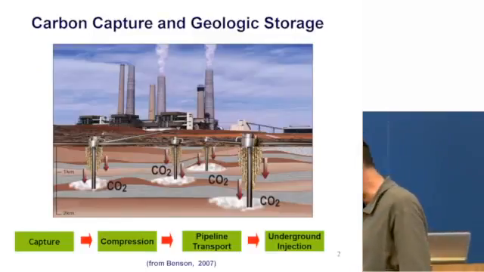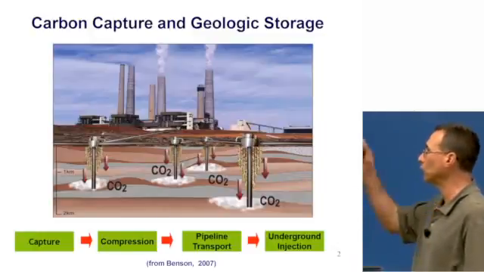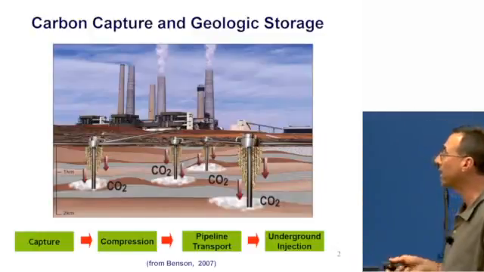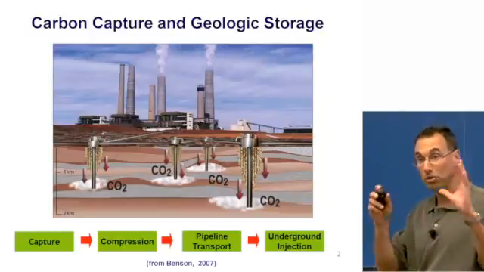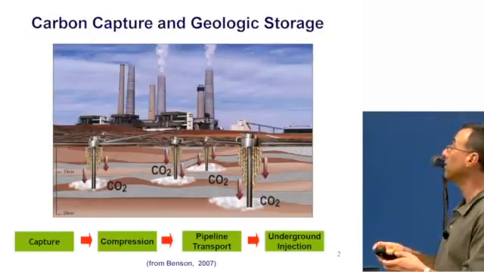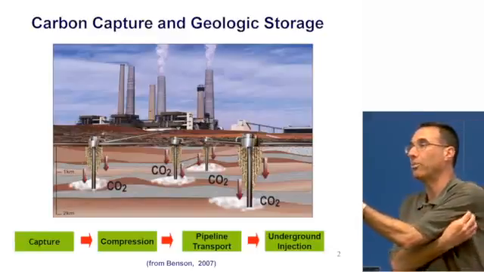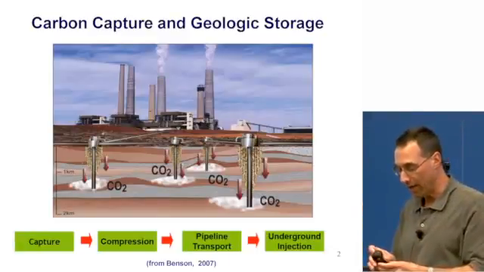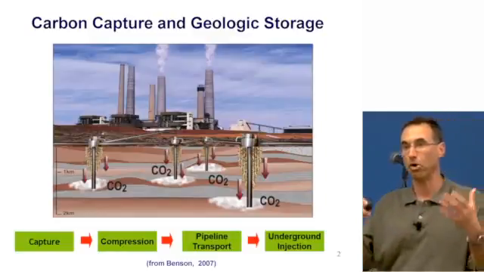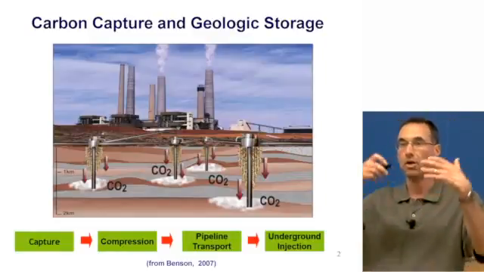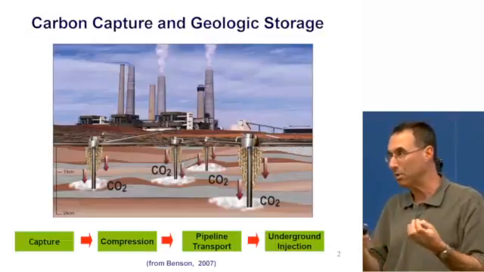Okay, so the idea in carbon capture and storage, this is an overall schematic, and I'll go into a bit more detail on some of the particular procedures here. Let's imagine we have a coal-fired power plant. The way you generate electricity from it is to burn the coal, which creates a lot of heat. You boil water, creates steam.